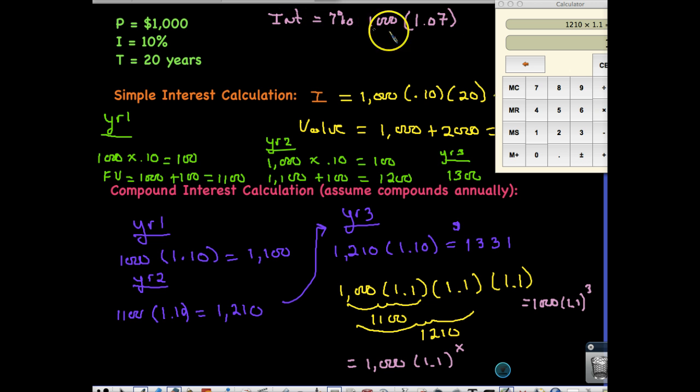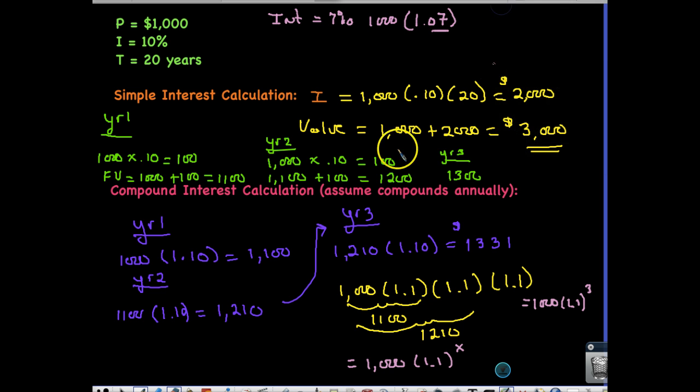So depending upon my interest rate, this second part here is going to match that interest rate. We will always have a 1 because we are taking 100% of the $1,000. The same thing that we did here, if you look back at the simple interest calculation, we had to take the interest and add it back to 100% of our principal. So this is just a quick shortcut.